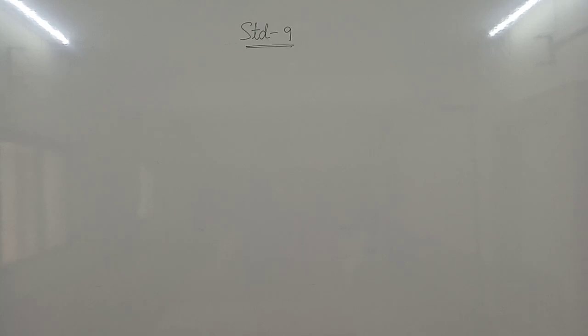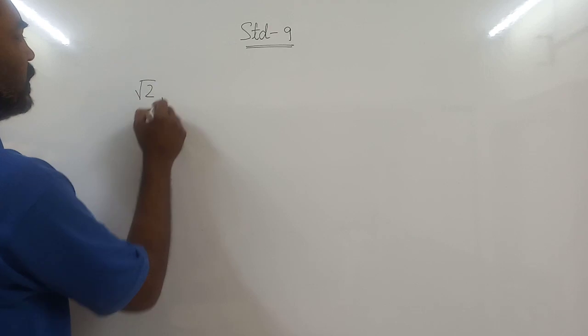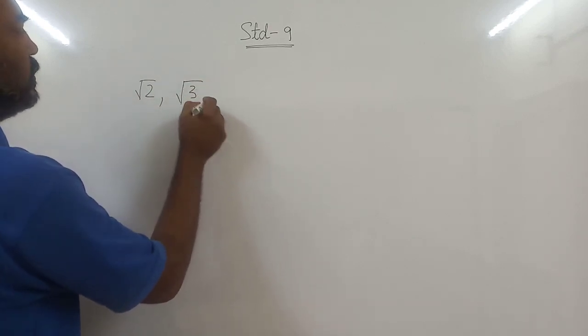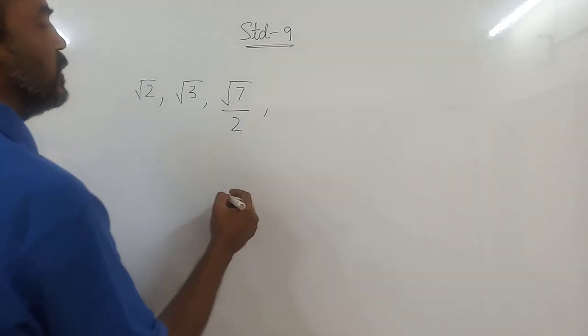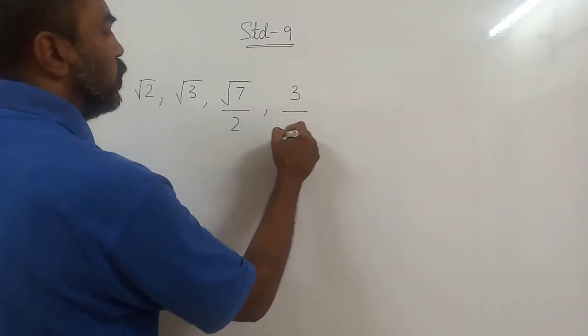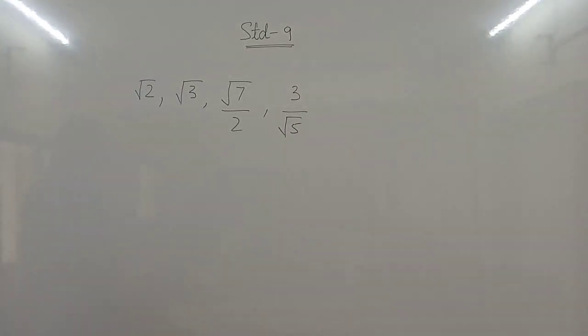Moving further now, since we have understood what irrational numbers are, I will write irrational numbers on the board. Root 2 is an irrational number, root 3 is an irrational number, root 7 upon 2 is an irrational number, 3 upon root 5 is an irrational number. Now why are these numbers irrational numbers?